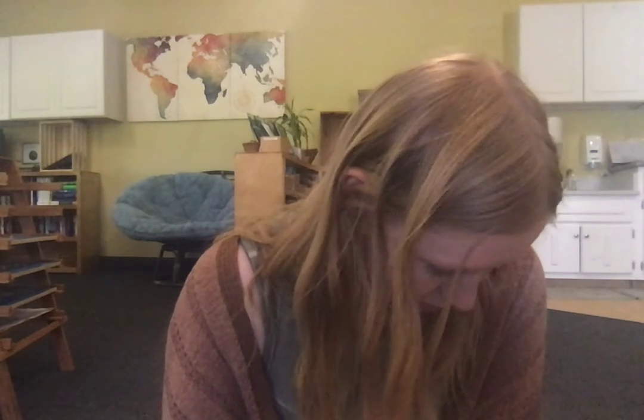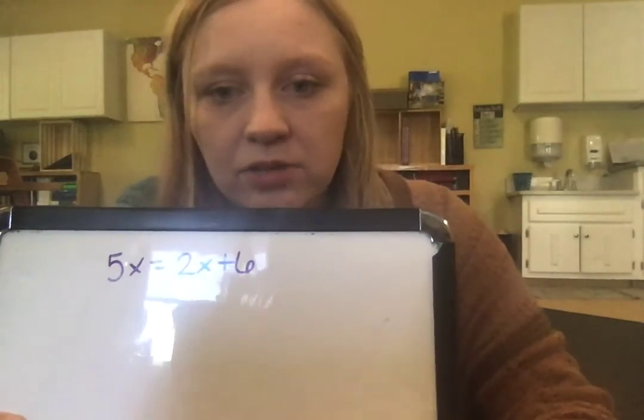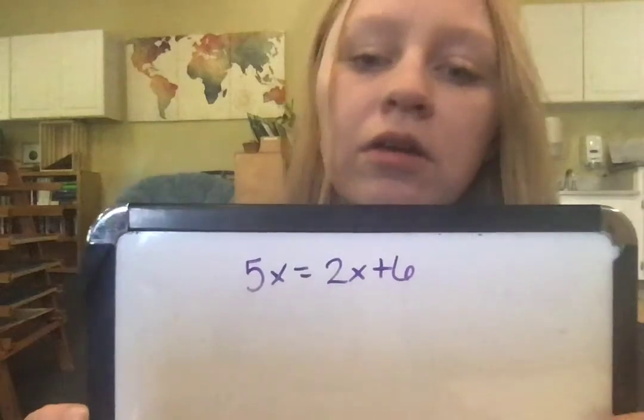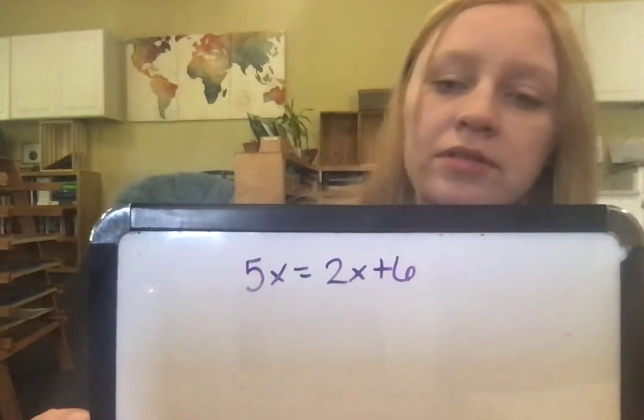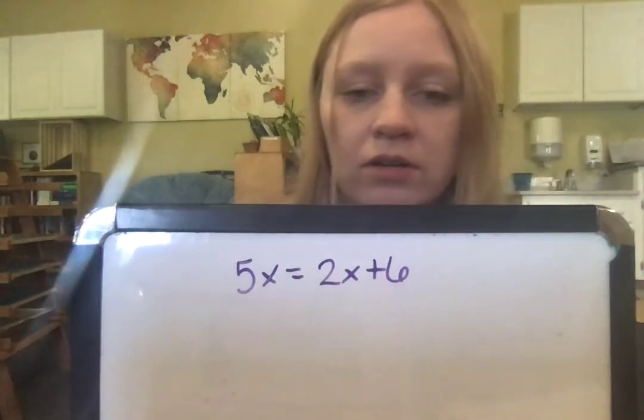5x equals 2x plus 6. Okay? So once again, similar to the equation we just did, we have x on both sides. And since x is by itself on this side, I'm going to go ahead and move this one over. Okay?